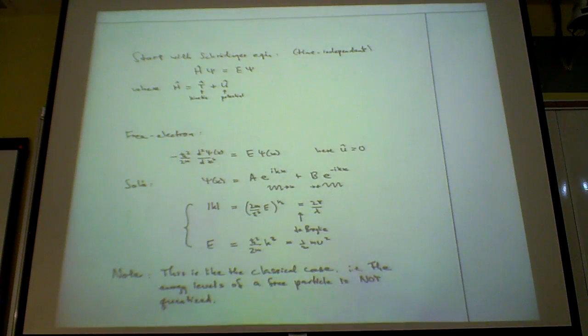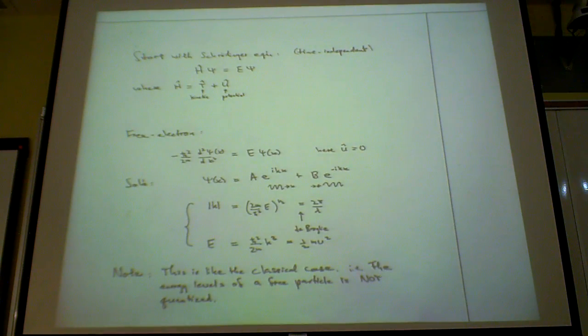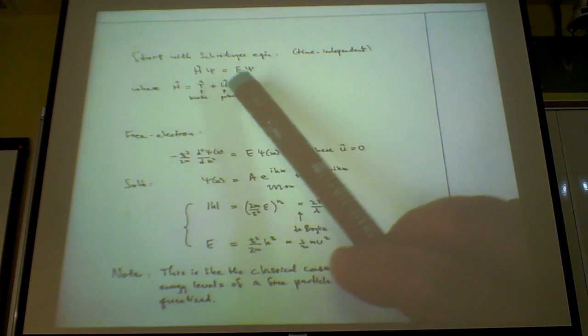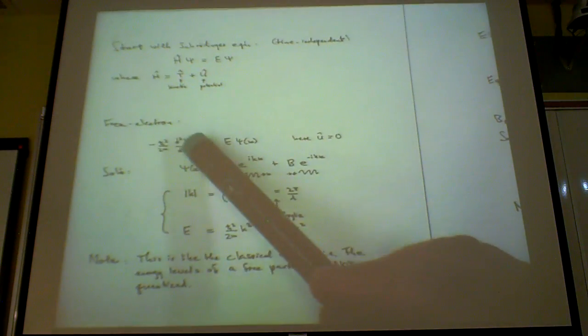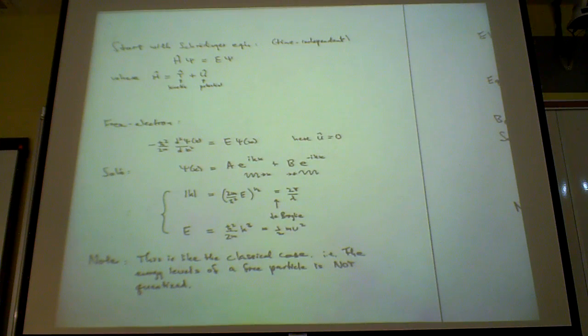So this is the basic Schrödinger equation. And this Hamiltonian operator H consists of two parts, the kinetic energy operator and the potential energy operator. So for the free electron, as we just talked about in the free electron gas model, we set the potential energy operator to 0.